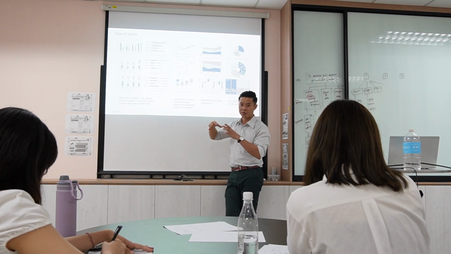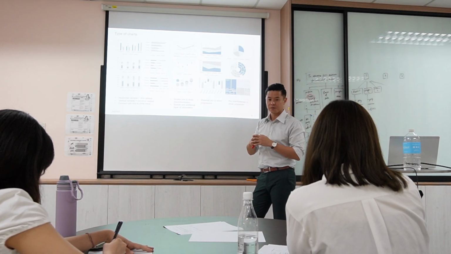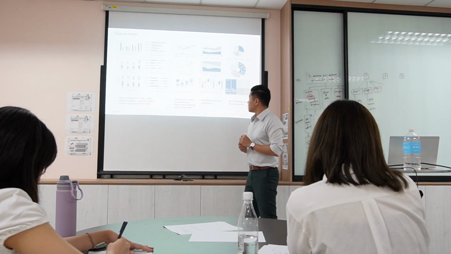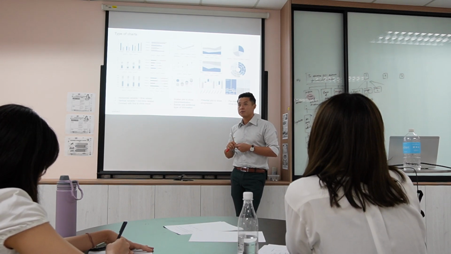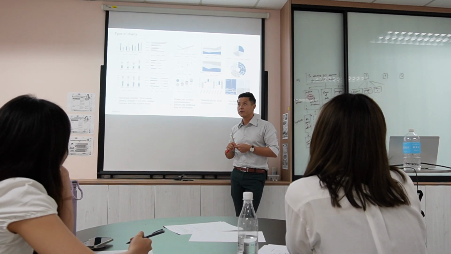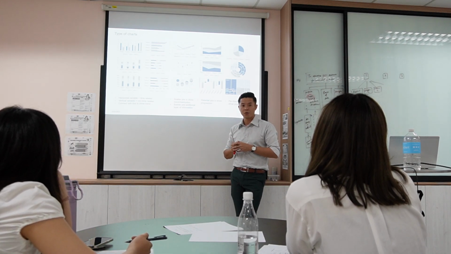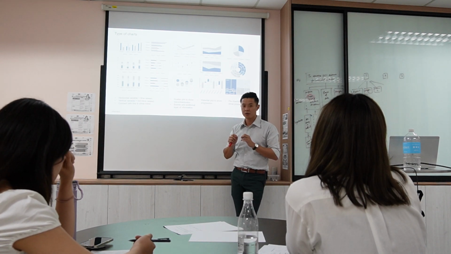So the size of the bubble can give that insight as well. But it probably will just give an impression that one is larger than the other. If you want to read the exact value, it's not very good.